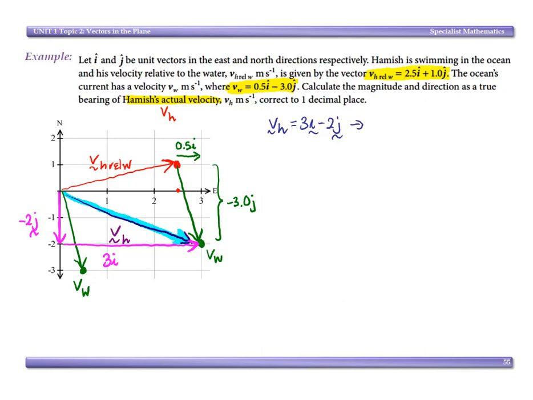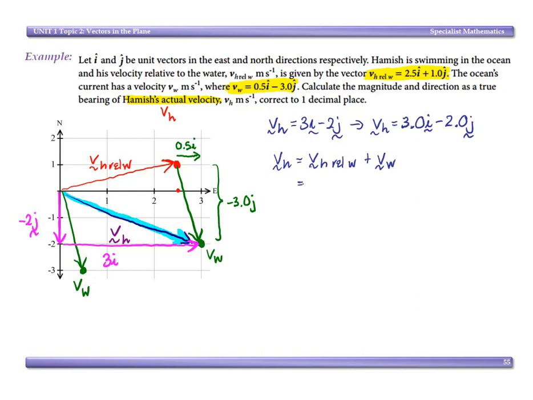Now, because our question appears to be using significant figures, I'm going to do the same. But let's do it using the formula. Our velocity of Hamish is going to be the velocity of Hamish relative to the water plus the velocity of the water.